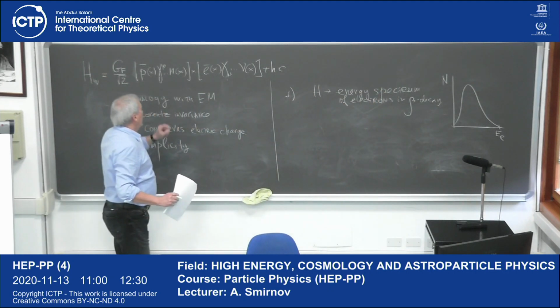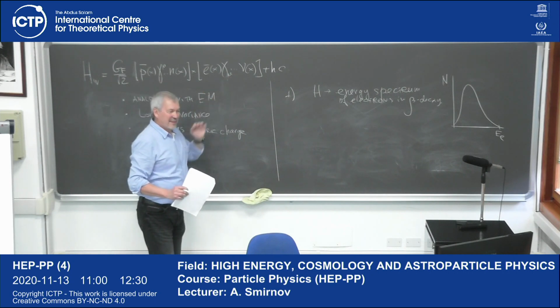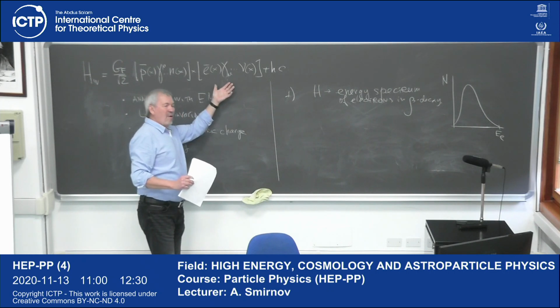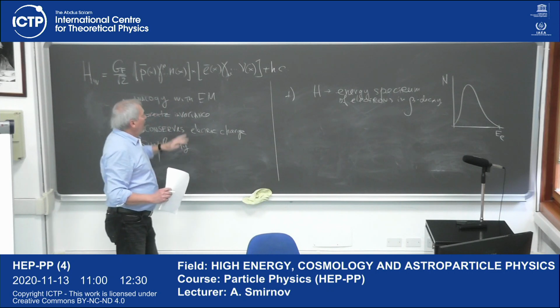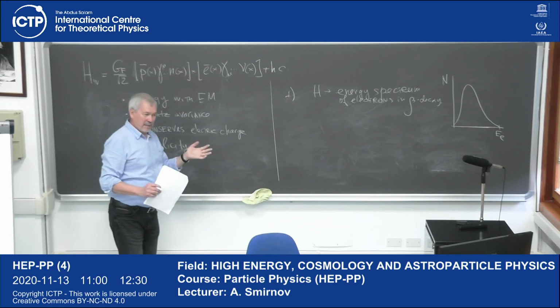Although Fermi used just gamma mu without these parity violating terms. So in a sense, he used a slightly wrong Hamiltonian, but nevertheless got a very good description. This happens because he made the computations for unpolarized particles.